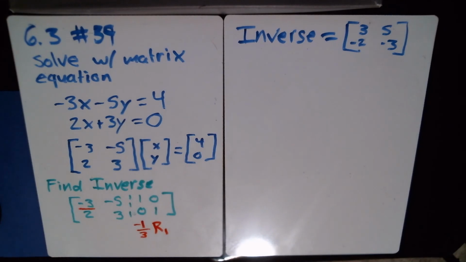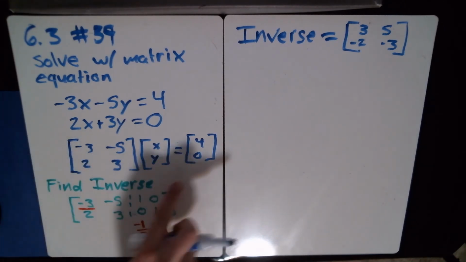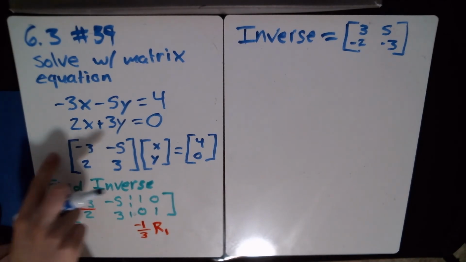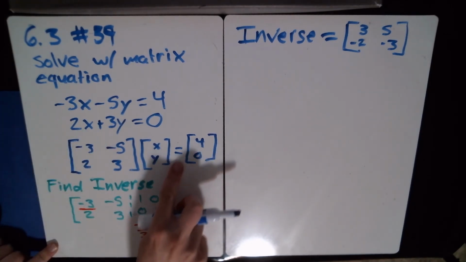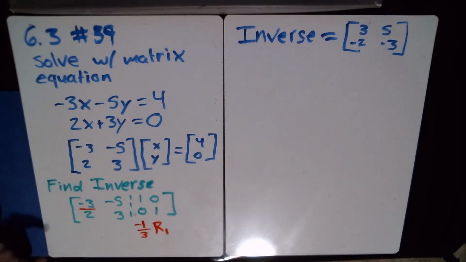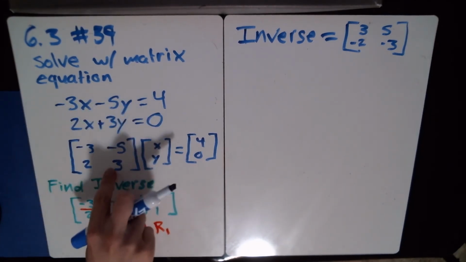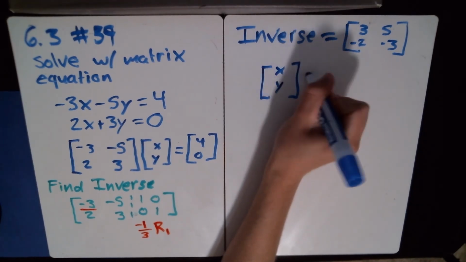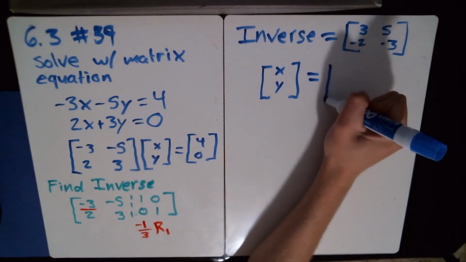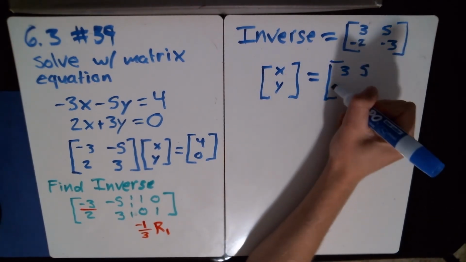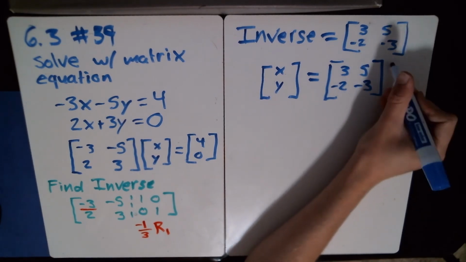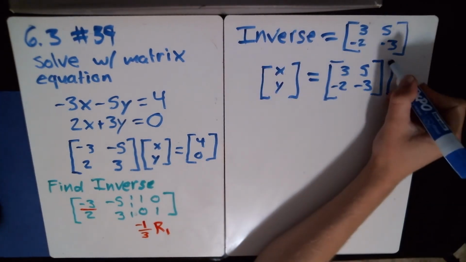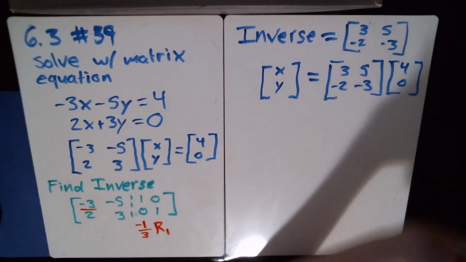So then to find out what x and y is, we just multiply both sides of this equation. So we multiply over here and over here, right, by the inverse matrix, and the inverse and the matrix will cancel out, and we will just get x and y on that side is equal to, well, the inverse matrix, 3, 5, -2, and -3, times this kind of answer matrix, the 4 and 0.